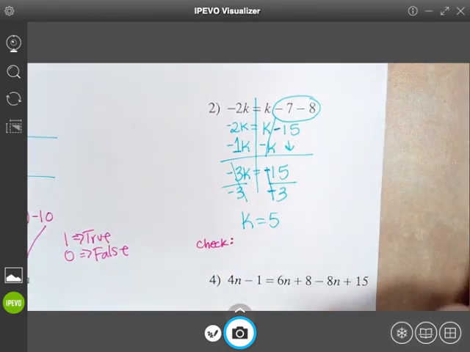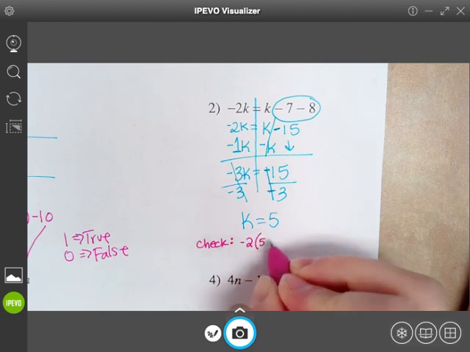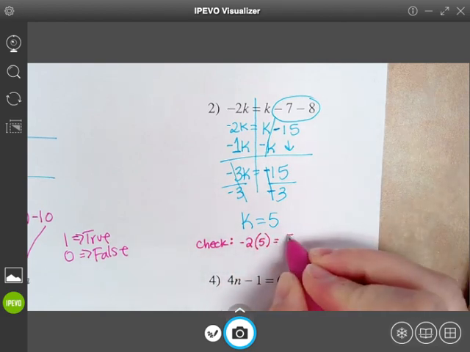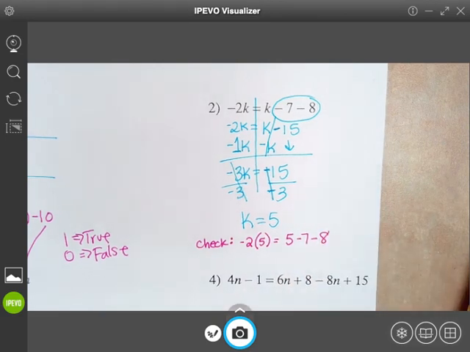Okay, let's plug it in now. So -2 times 5 equals 5 minus 7 minus 8.